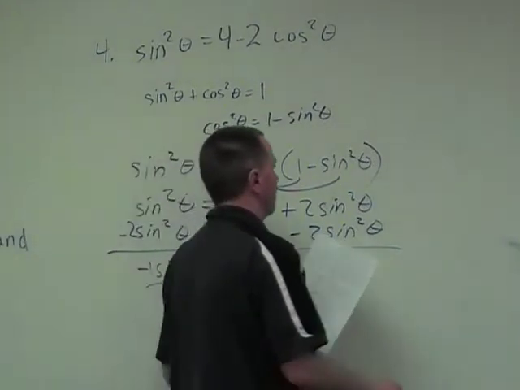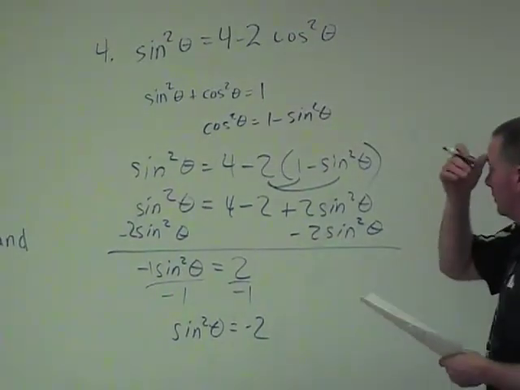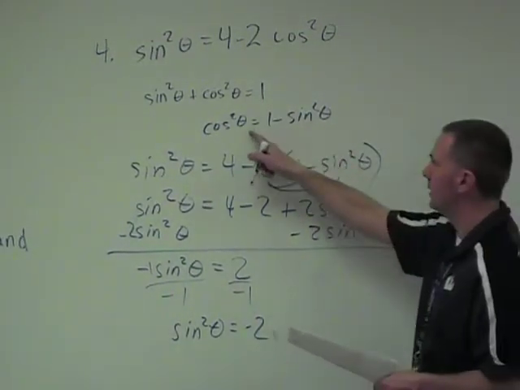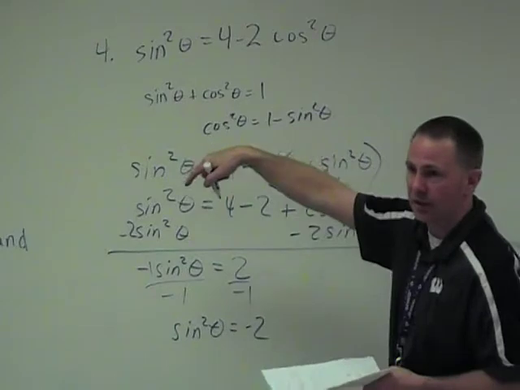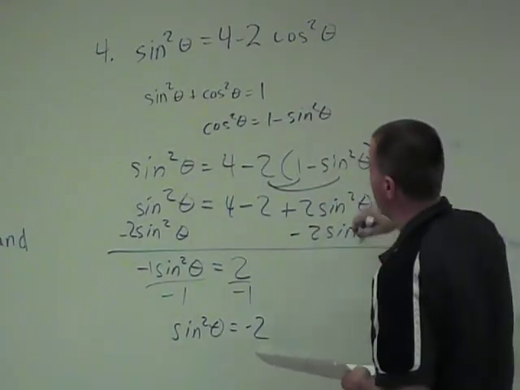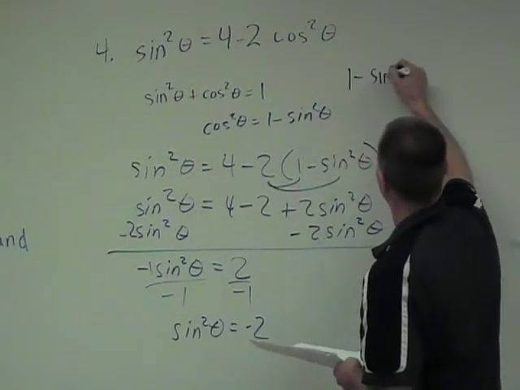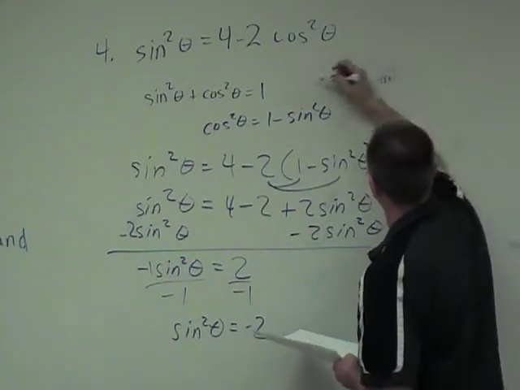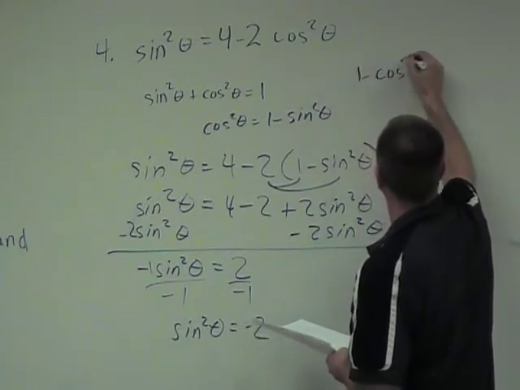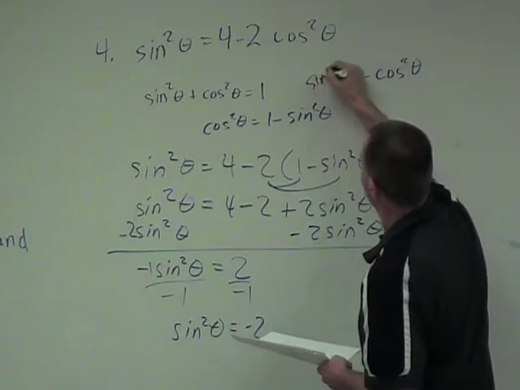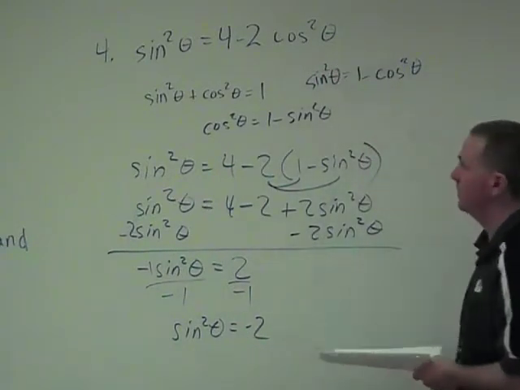Alright, so you look at that and you say, well, wait a second, maybe I could go a different direction. What if I changed this and got rid of the sine squared instead of cosine squared, which is 1 minus sine squared. Oops, I'm sorry, 1 minus cosine squared. That equals the sine squared theta. Correct?